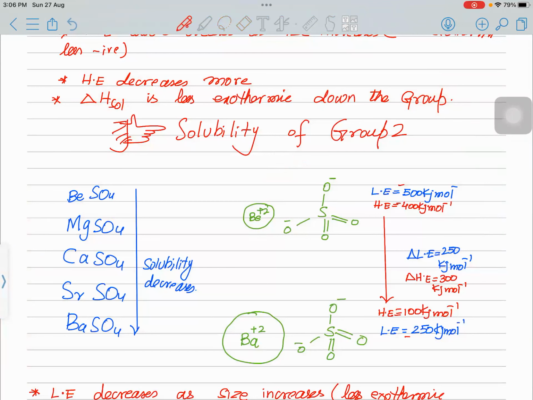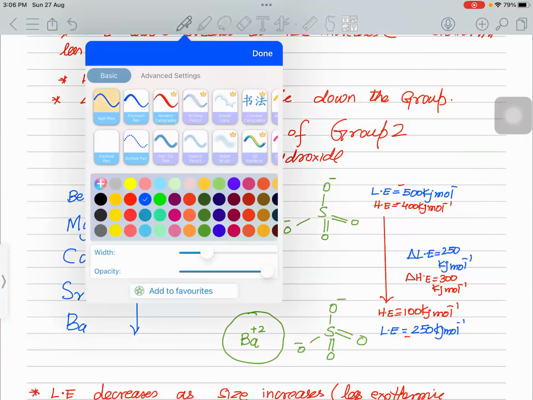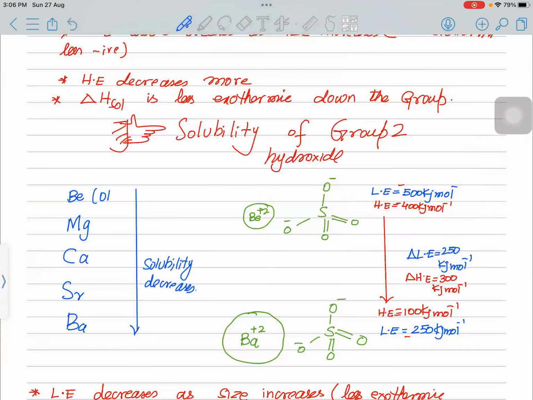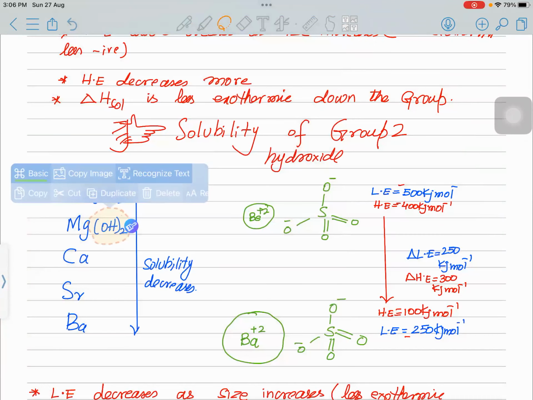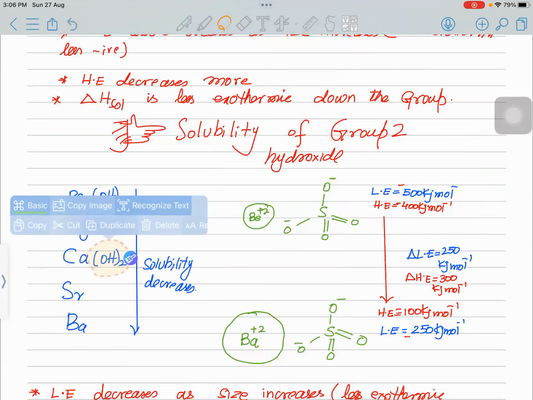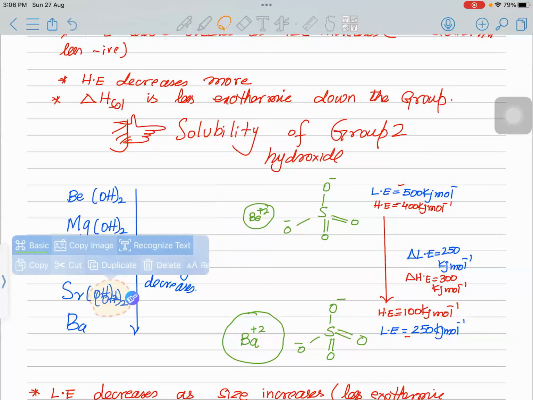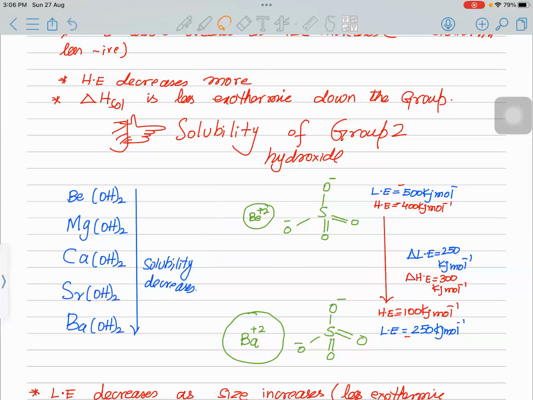This is for group 2 hydroxides. Solubility increases.